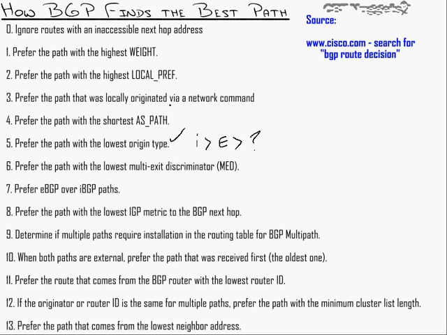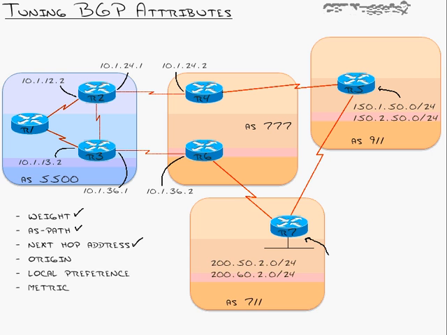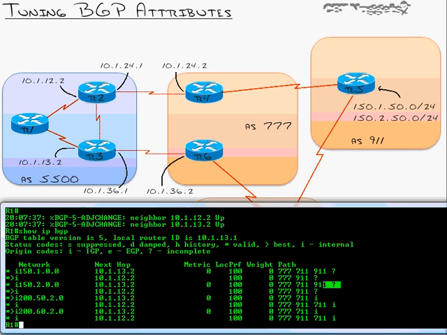So if the AS path is tied between two routes and one of them has an internal origin, it will prefer that over something that has an EGP origin. We'll talk about that in a second. It prefers that over things with an incomplete. This is the least of the crowd right here. So when we're looking at our prompts right here, you can see that these all have incomplete.